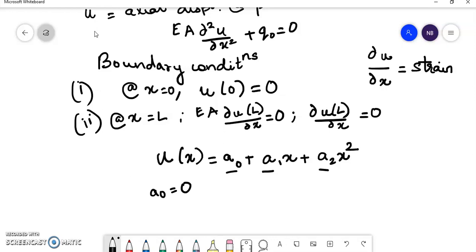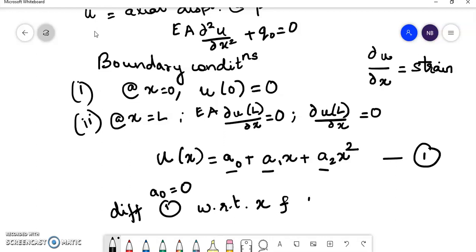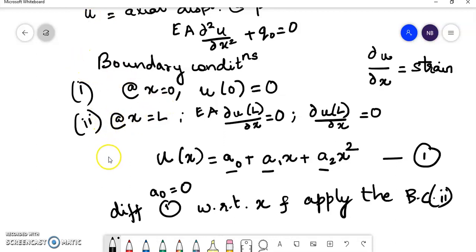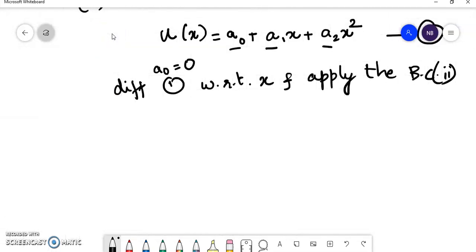Let us label this equation as equation 1, and differentiating equation 1 with respect to x and applying the second boundary condition, boundary condition 2, we will get a1 equals minus 2 a2 L.